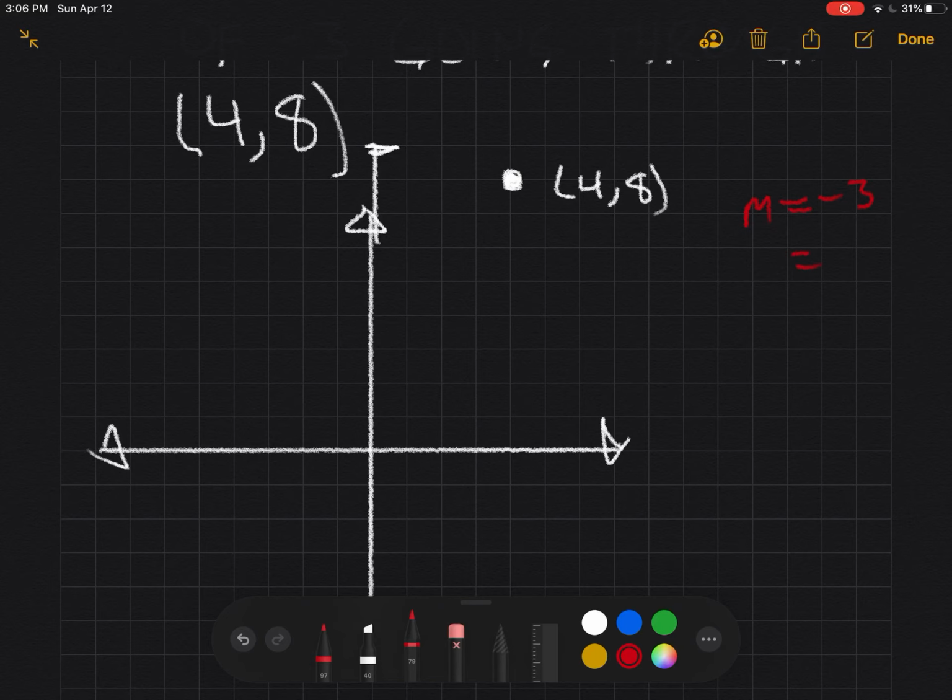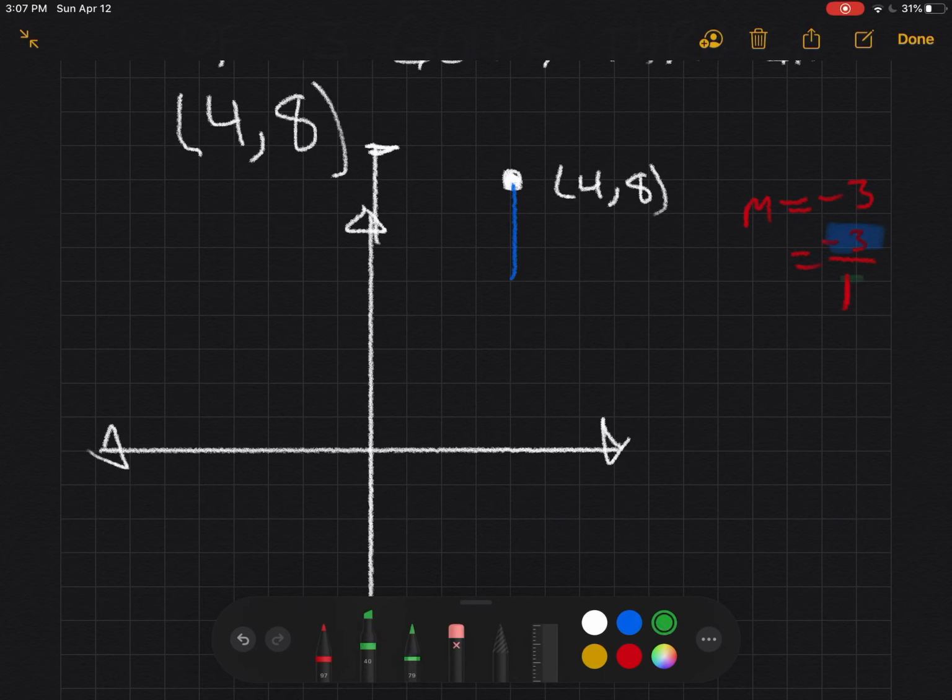And our slope is -3. And remember, slope, we're looking at the change in y over the change in x. So I can look at this as -3 divided by +1. And what this is telling me is that, let's use some colors here.